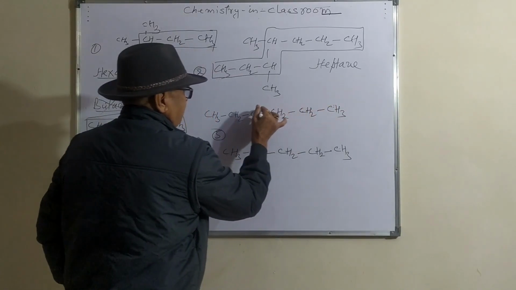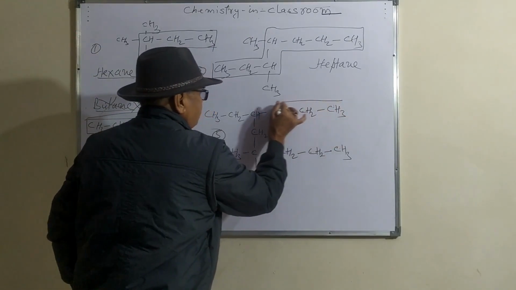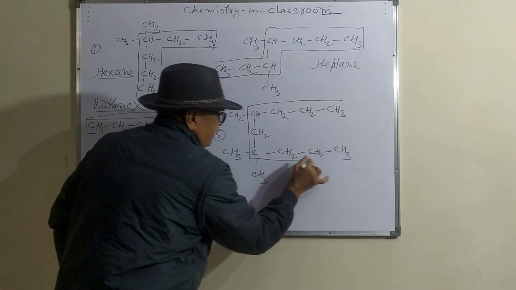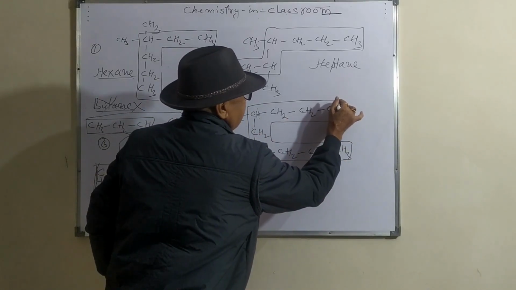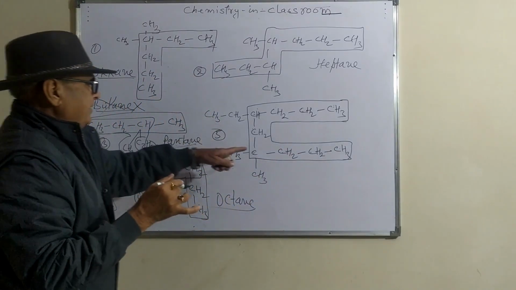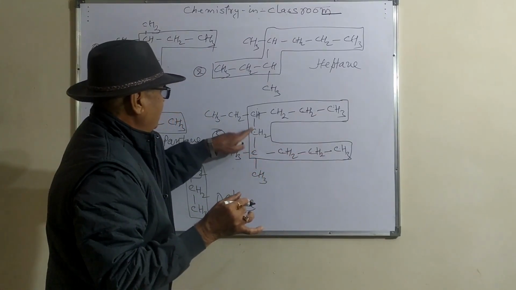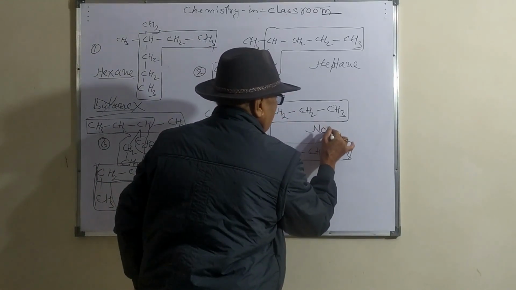So this will be the longest chain. You can start counting from any end. So it is 3, 4, 5, 6, 7, 8, 9.